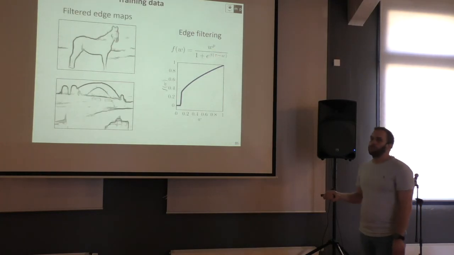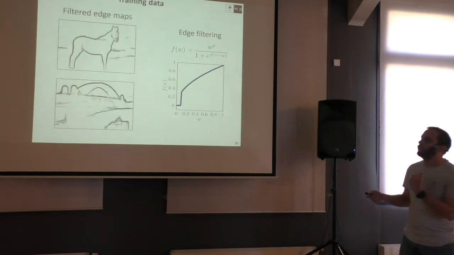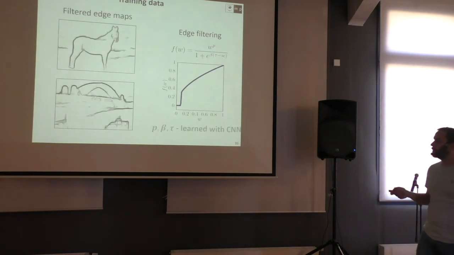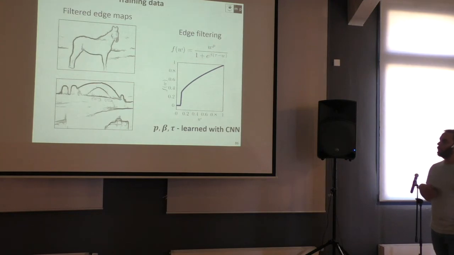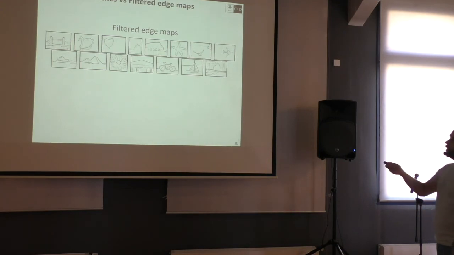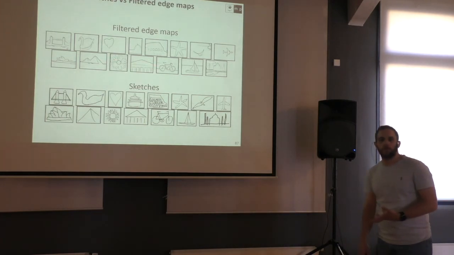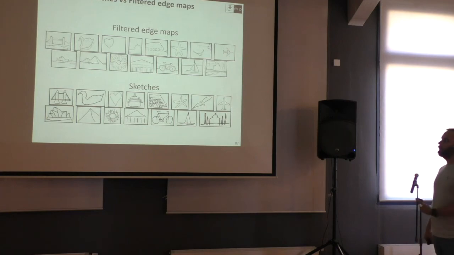And we let the network learn these parameters to make a transformation like this, to filter the edge maps so that they look more like sketches. After we let the network decide by itself how to learn this filtering, this is how our filtered images look, and these are how sketches look. So now you have to admit they look much closer to what we want.